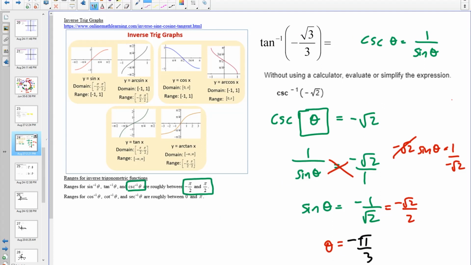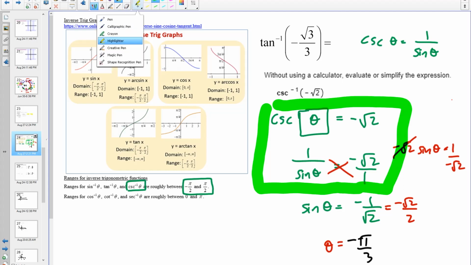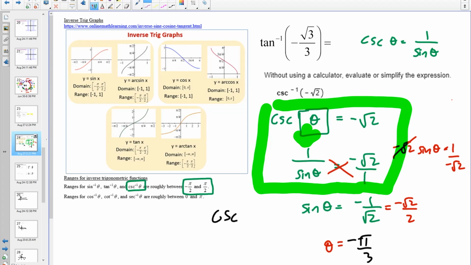Okay, be careful. I think this step right here is where students mess up the biggest. A lot of times they flip things a little bit too quickly. What do I mean by that? Cosecant theta actually is equal to 1 over sine theta, but instead what students will say is that cosecant theta is equal to sine theta.